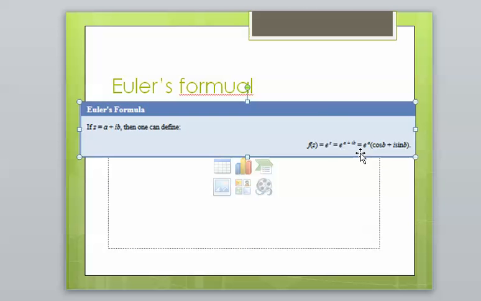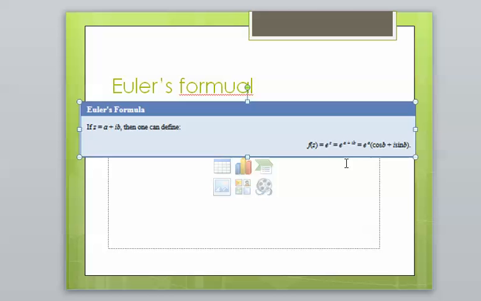What he worked out for you is that you can simply take e to the a power, that first part here, and then take the cosine of b plus i times the sine of b. He works it all out for you. So you don't have to worry about the whole complex number here. This is what you get. And once again, memorization of the process makes it very simple to utilize. You don't have to know the theorem behind it.